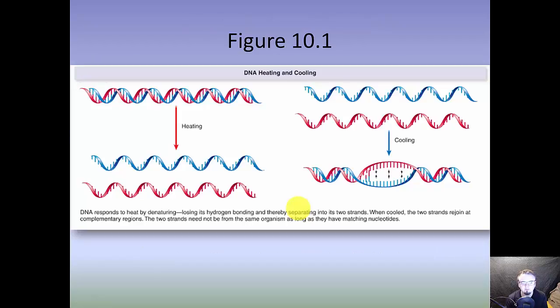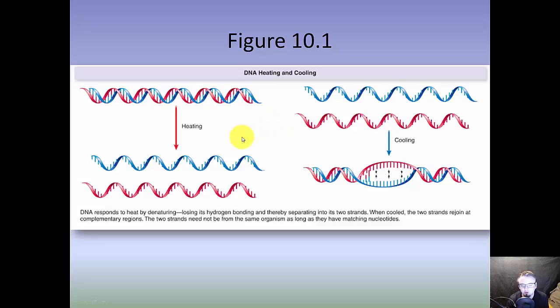So you can take the DNA, here's a figure, you can take the DNA that's in a double-stranded form, heat it up, and it splits apart like that. And what's even more amazing is that if you cool it down, it will actually come back together. And so by simply heating and cooling, you can separate the DNA and then join it back together with basic heating and cooling applications.